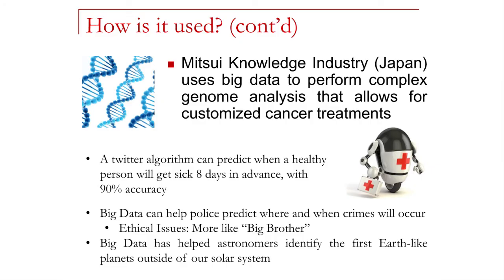So to continue this, also how it's used, there are some examples to discuss how medical needs can be met with complex genome analysis that allows customized treatment of cancer patients. There was an interesting example a year or two ago from the Google flu trend, where it could predict where flu outbreaks would be.